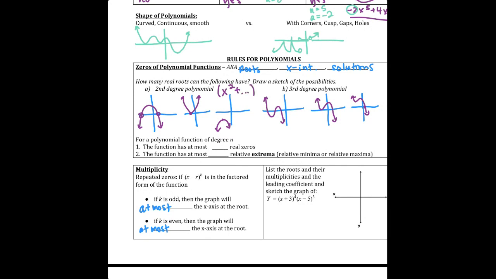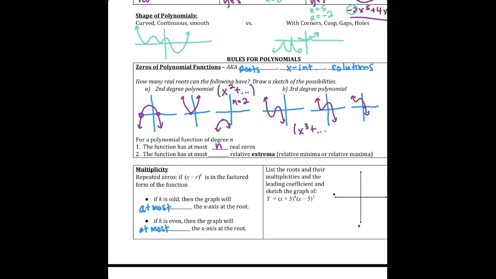So its degree is 2. So at most, the polynomial can have 2 real roots, whereas this one, x cubed plus something, at most it can have 3 real roots. So we say at most it can have n real roots, matching its degree.